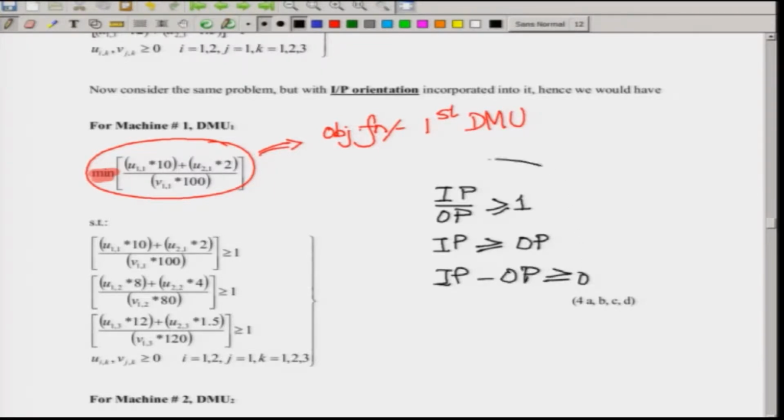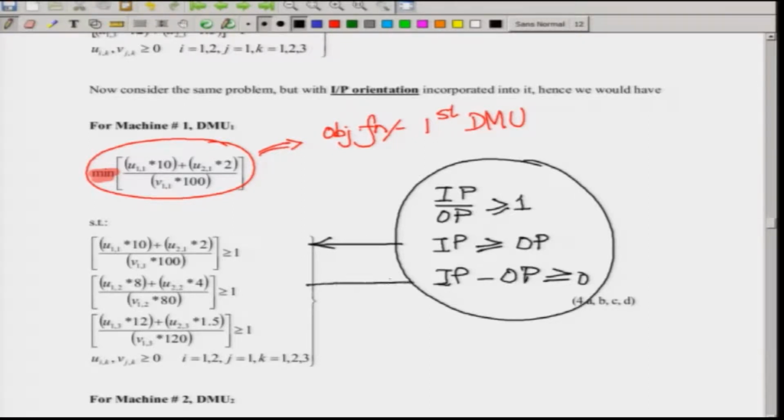So this was the general one, and you have 3 DMUs, so there will be 3 equations, which are equation 1, equation 2 and equation 3. These correspond to the first DMU, the second DMU and the third DMU.